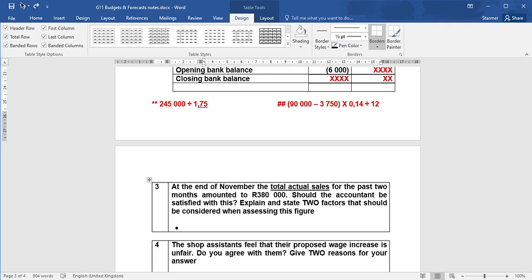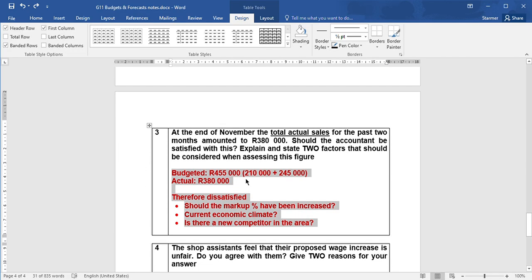So if you have a look here, October and November, 210,000 plus 245,000, your budgeted figure was 455,000, but your actual sales were only 380,000. So therefore you're not going to be satisfied with that. You haven't achieved your target.